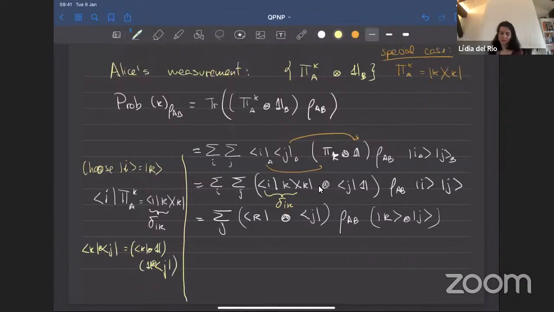Why do I do this? Because then I can take the k outside of the sum. So this is k tensor identity.